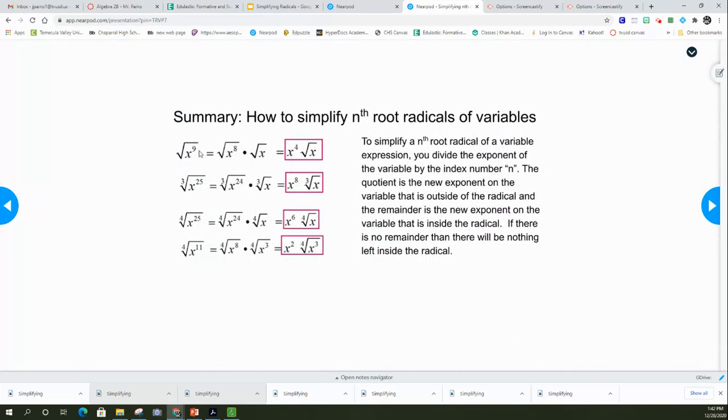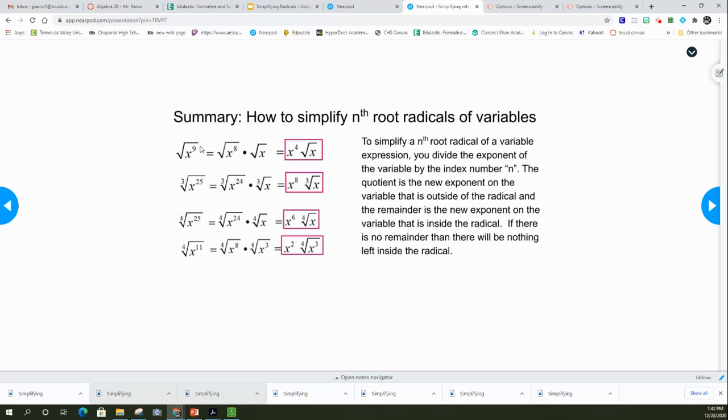So here we got the square root of x to the ninth. Right? So if you rewrite it as x to the 8th times x, that's still x to the ninth, but I separate it because now I could do the square root of x to the 8th. And so that's just x to the fourth. Remember, we just divide, and what's left is that rad x to the fourth times x.